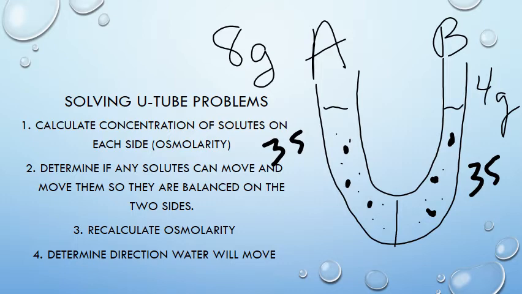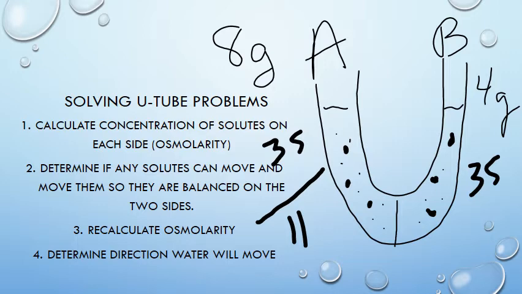All right, so questions often ask you to compare these solutions at the start. So at the start, the first thing you want to do is just add up the solutes. This is our osmolarity. So 8 plus 3, I've got 11 solutes on this side. Now again, that's such a rough made up number. I'm just counting the number of solutes over here. It's not a perfect 5 molar solution and a 3 molar solution.